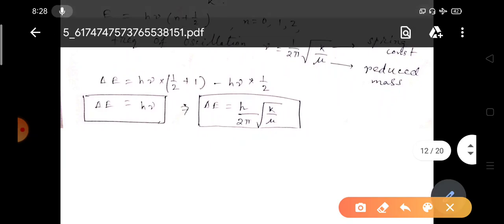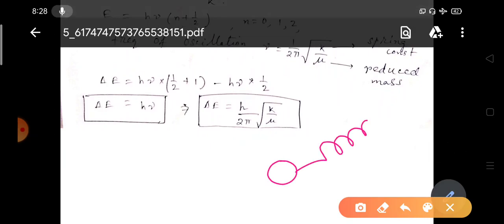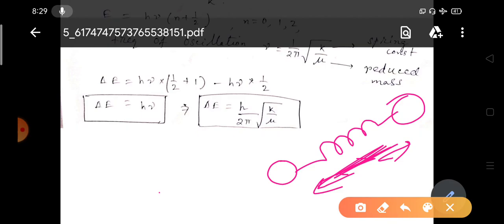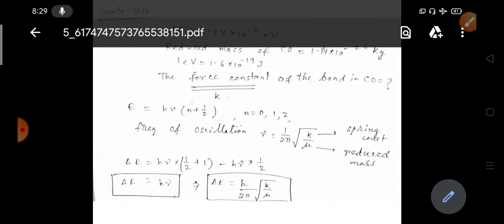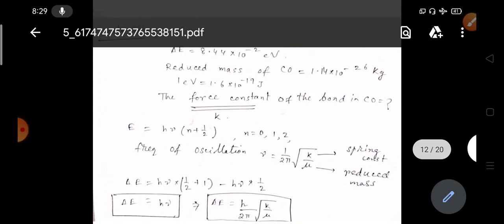Because when atoms or molecules vibrate, they behave like a spring-mass system, which can stretch and get distorted. These are vibrational motions, and you can assume a linear harmonic oscillator. For real molecules we have to assume anharmonic oscillators, not harmonic oscillators. All this has been discussed in the previous IR spectroscopy video.